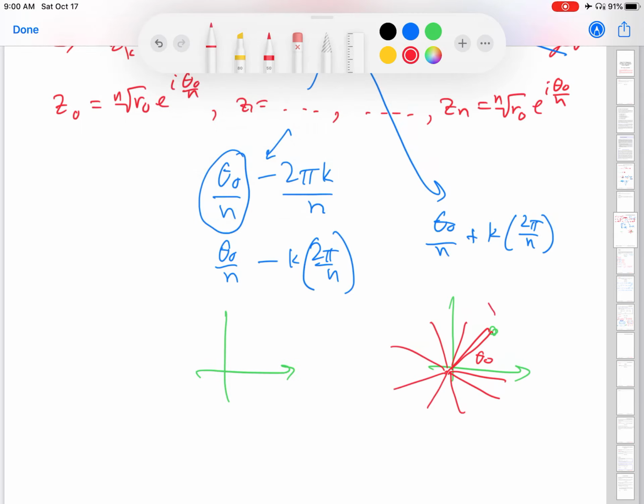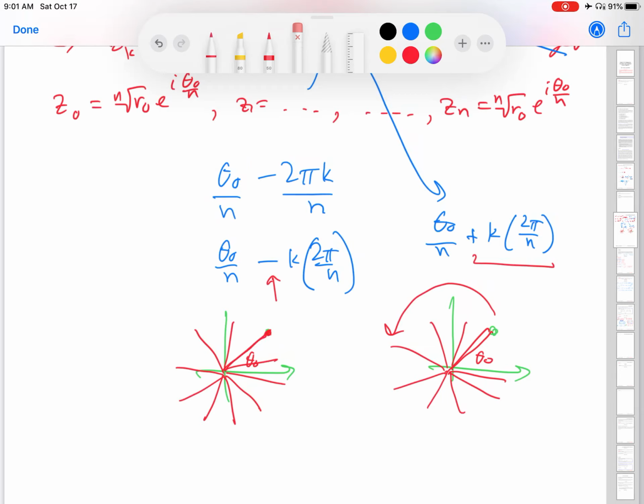Because we're adding multiples of 2 pi over n. In this scenario over here, you start off with the same point, and you start off with the same theta sub 0, but now you subtract multiples of 2 pi over n. So you would go this way, right? When you subtract angles, or when you add negative angles, you go clockwise. So at some point, you're going to land back to exactly where you are.